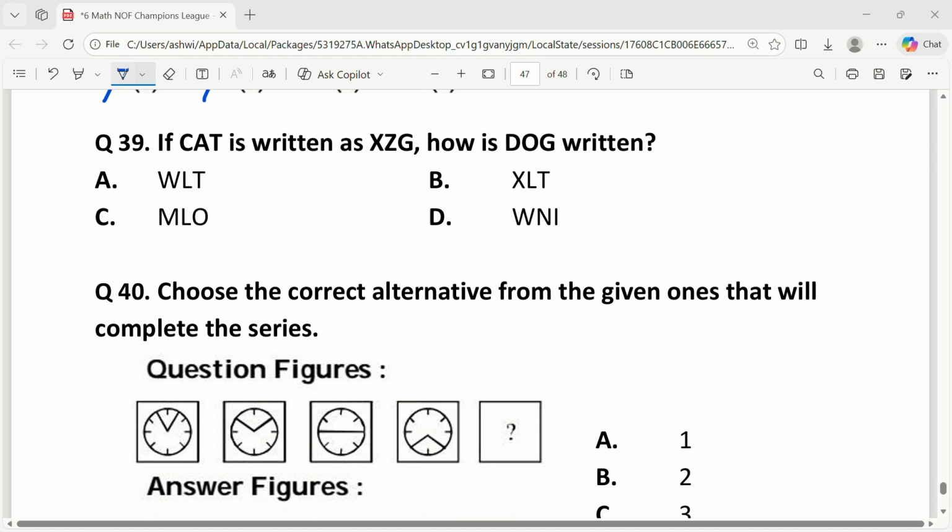So for dog, D is the fourth letter from the beginning, so the fourth letter from the end is W. O is the 15th letter from the beginning, so the 15th letter from the end is L. And G is the 7th letter from the beginning, so the 7th letter from the end is T. Therefore, dog is written as WLT. Comparing with the options, the answer is A.